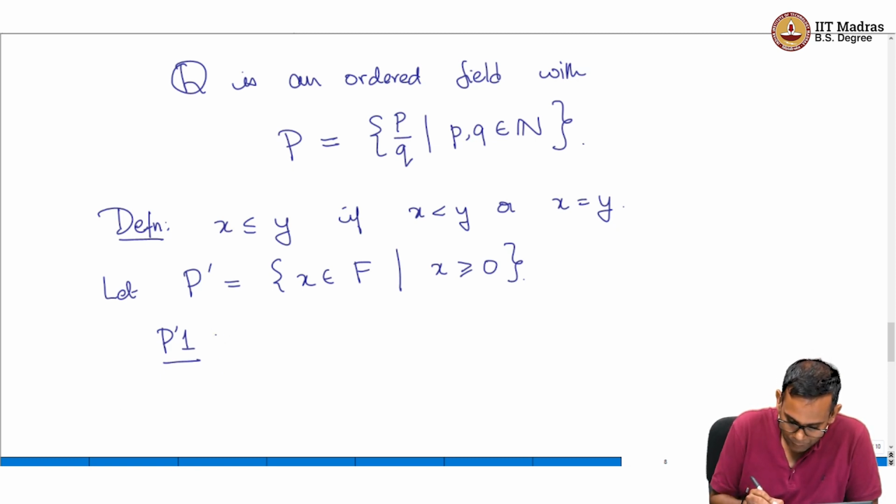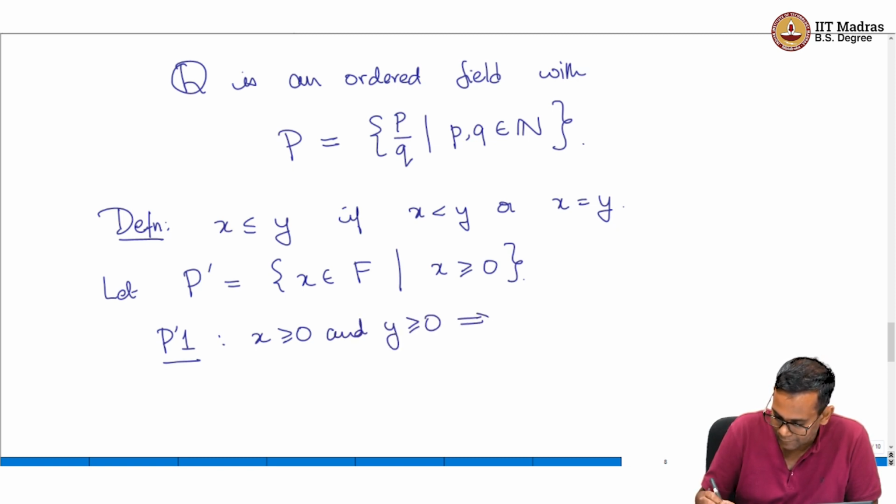You can get P1 prime, which says that if x is greater than or equal to 0, that is, x belongs to P prime and y belongs to P prime, then x plus y belongs to P prime.